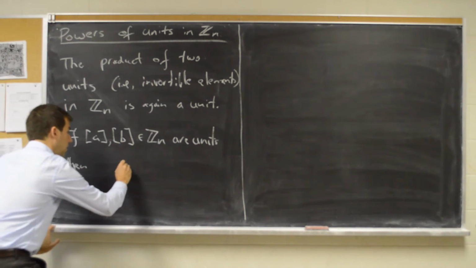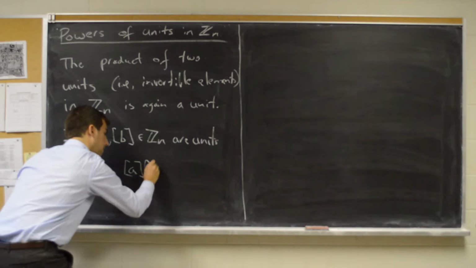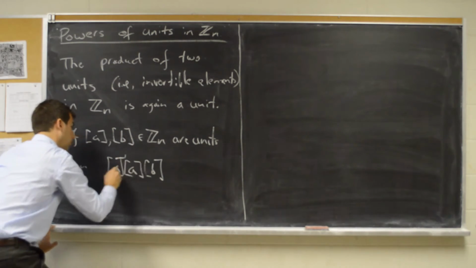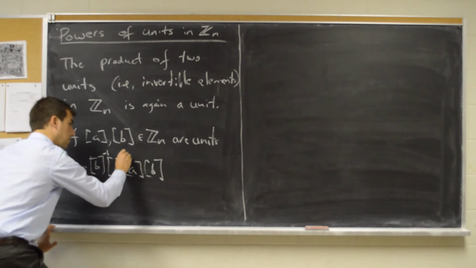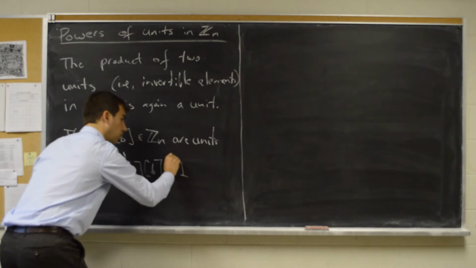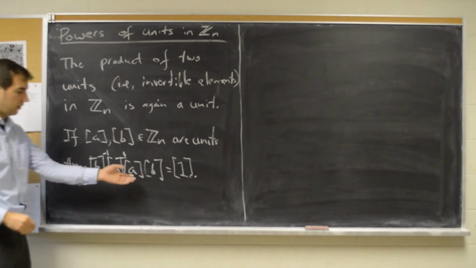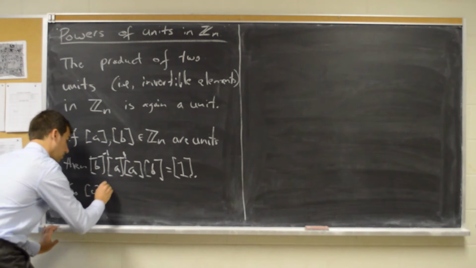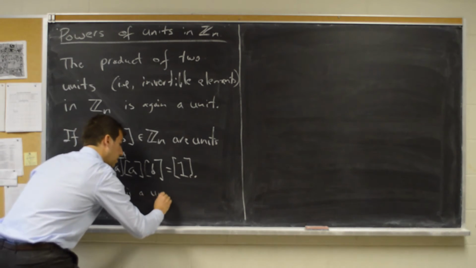Then if you take A times B, and you multiply that by A inverse and B inverse, then what you're going to get back is just 1. So A times B is a unit.